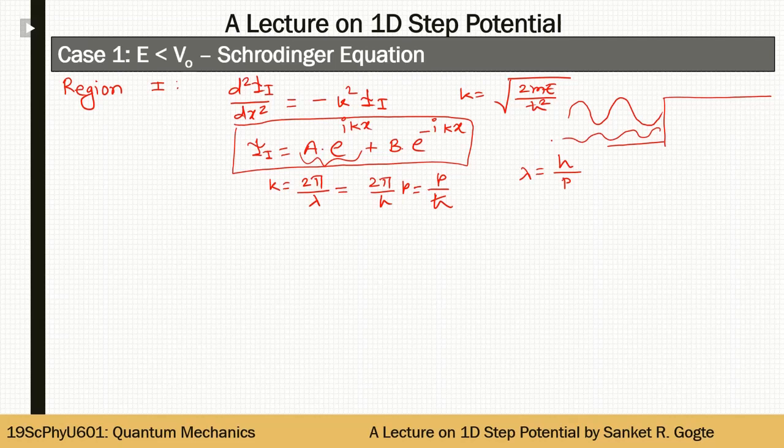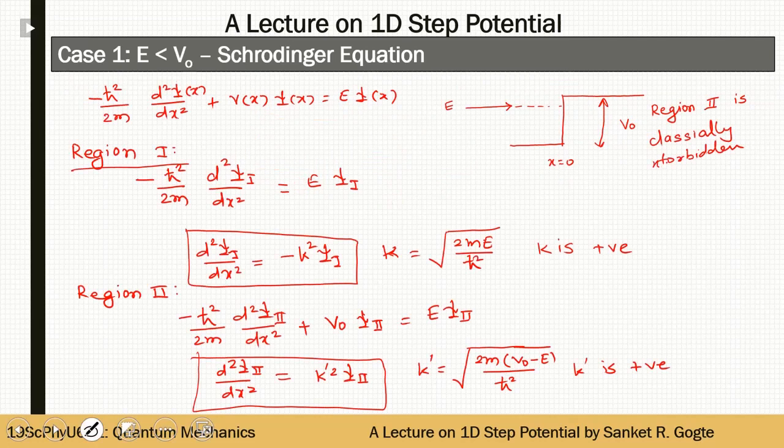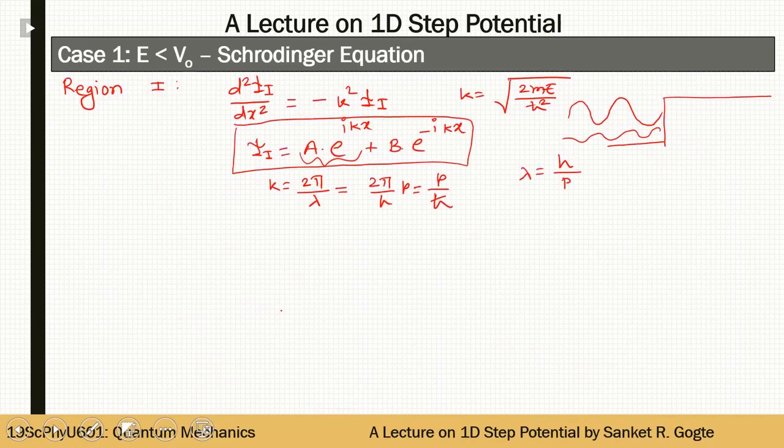And when will this happen? It will happen when the particle is reflected from the boundary x is equal to 0. So when the particle is reflected from this boundary, we have this second term B into e to the power minus ikx.